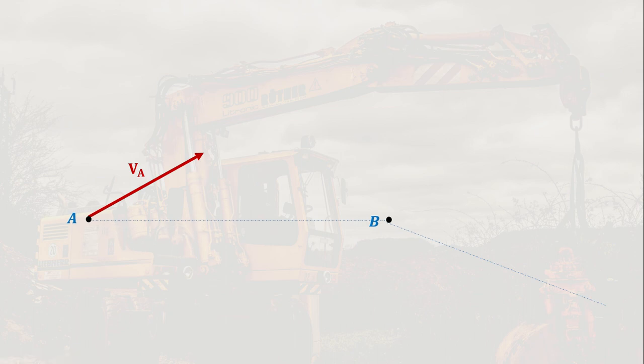So according to method 1, which is our resolution and composition method, we're going to resolve A into components along and perpendicular to the line joining them. So the line joining A and B is this line here. So we're going to resolve this velocity into this line, horizontal and perpendicular to this line. As you can see here, we have an arrow here that is along the line, and then we have another arrow here which is perpendicular.